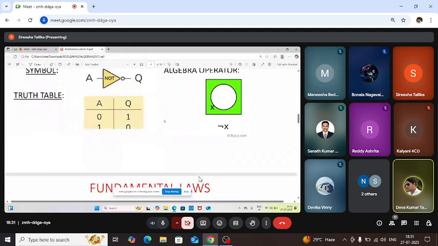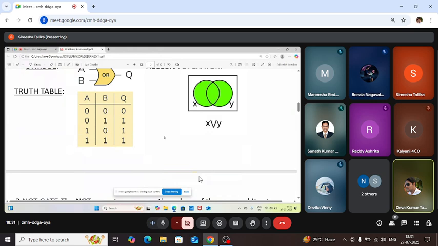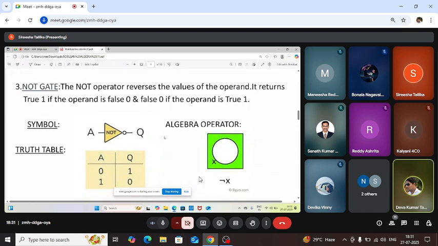Generally we don't write those symbols, but standard books have that terminology. Union and intersection symbols also: intersection indicates AND operation, union indicates OR operation.